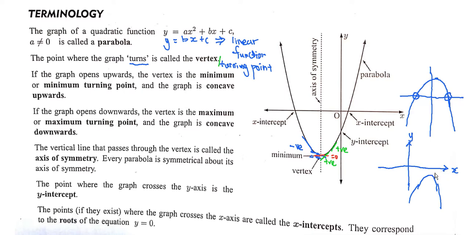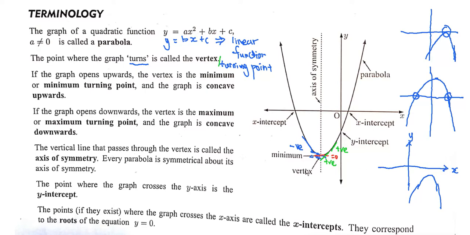It means there is no x-intercept for this quadratic function. This one has 2 intersections, and this one doesn't have any intercept. Then you have the case in between, where it doesn't have 2 intercepts but has 1. In this case, the graph intersects with the x-axis at 1 point. So: 2 points of x-intercept, 1 point, and this one, no intercept at all.